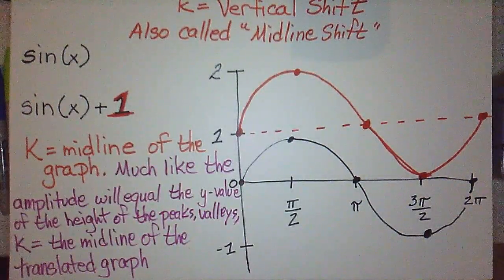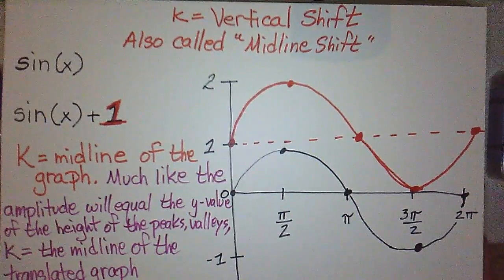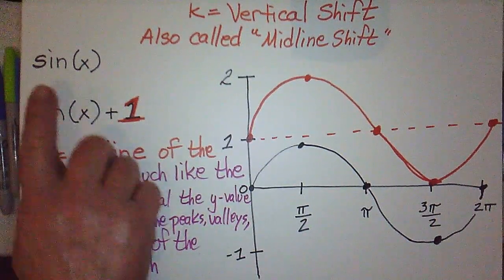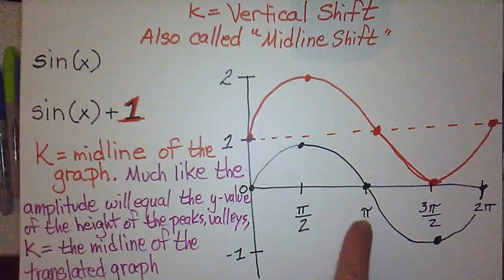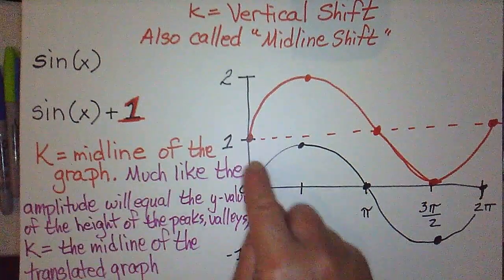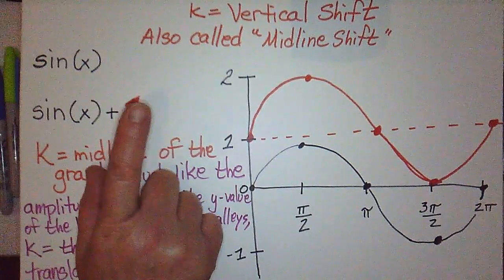Last but not least, I know this is a little long, we'll live through it. Last but not least, we have our old pal K. And K is a vertical shift. And in trigonometric terms, it also is a midline shift. Let me explain what I mean by that. Once again, the black line represents our parent sine function. And the orange graph represents the sine of x plus 1.